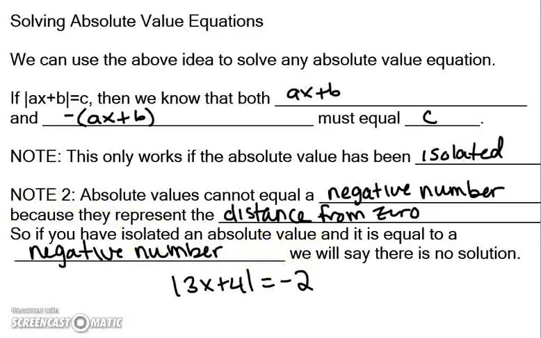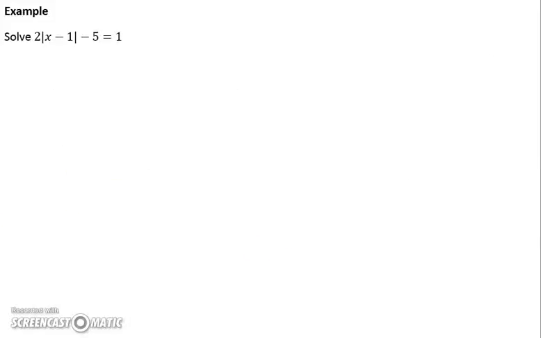So let's look at an example real quick. Solve 2 times the absolute value of x minus 1, minus 5 equals 0. The first thing we want to keep in mind is we have to isolate our absolute value first. We have this negative 5 and this 2 with our absolute value, so we can't really do anything yet.